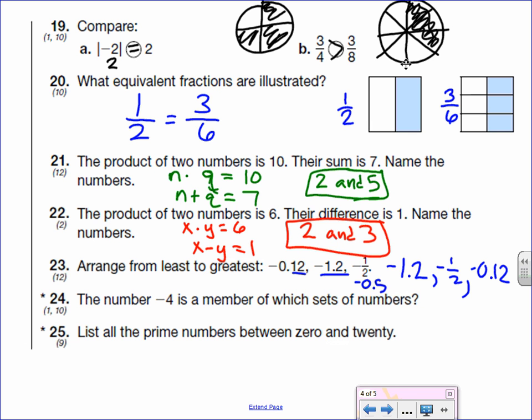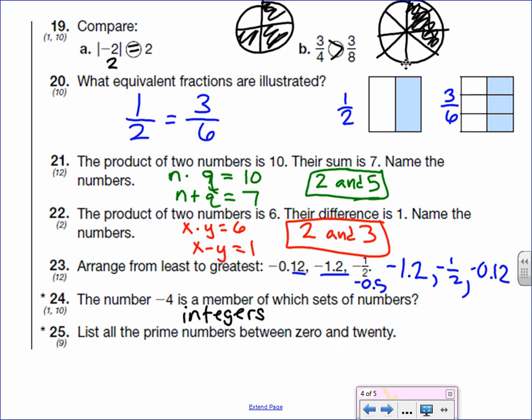The number -4 is a member of which sets of numbers? If it's -4, then the only one that it's a member of is integers. Integers include negative numbers.